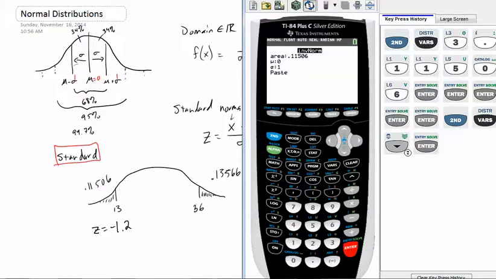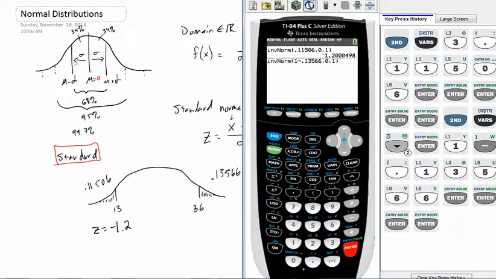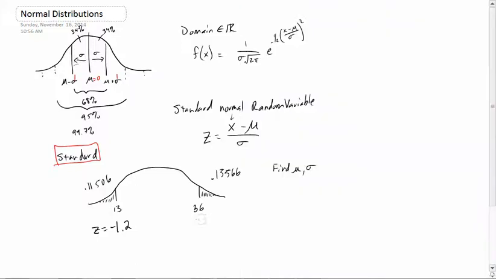So for our area, we'll go 1 minus 0.13566. And so that'll give me everything below. Remember, this is a probability density function, which means that everything adds up to 1, 100%. And then again, I've got the 0 and the 1, and I then get the z-score for this one, which will be 1.1.